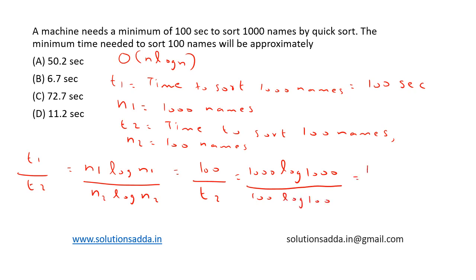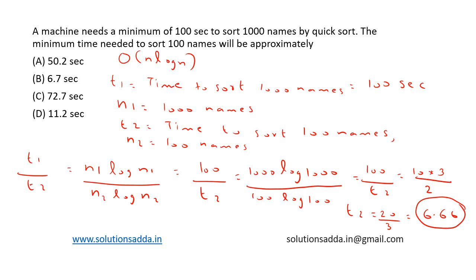We will get 100 by T2 is equal to 10 into 3 by 2. Solving further, we will get T2 equal to 20 by 3, which is equal to 6.66.